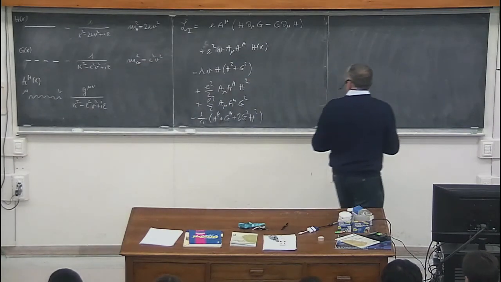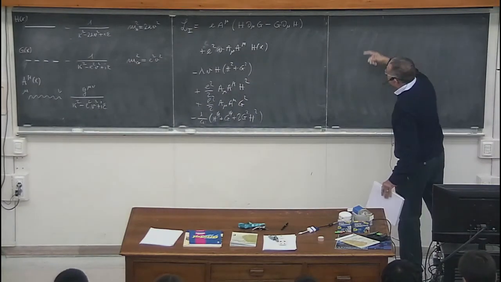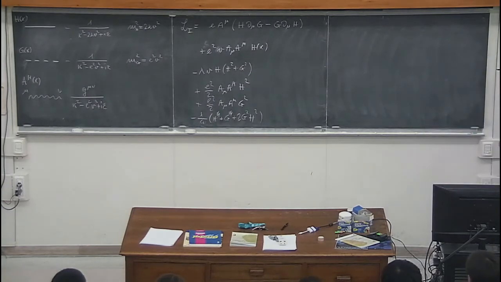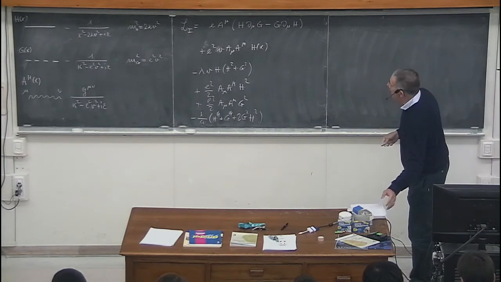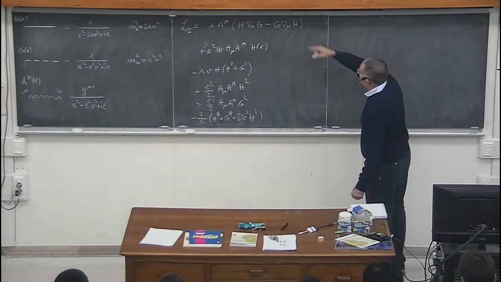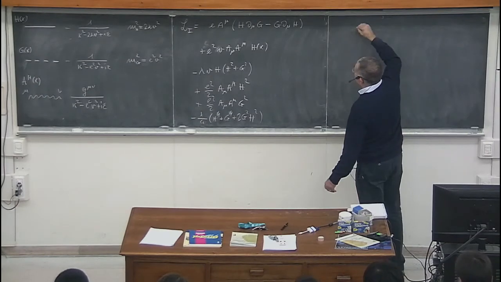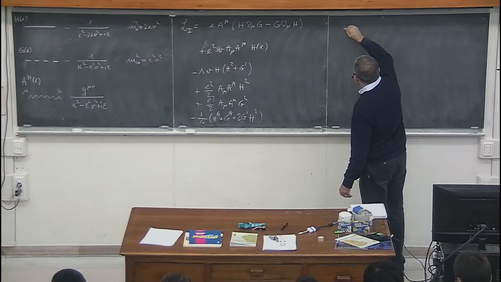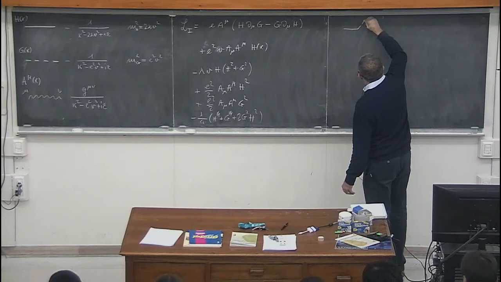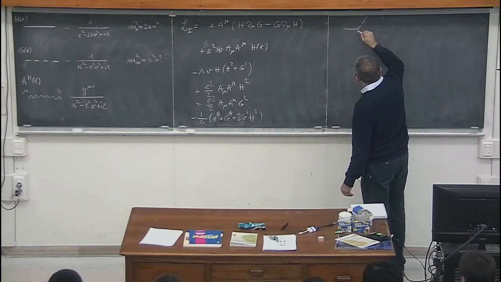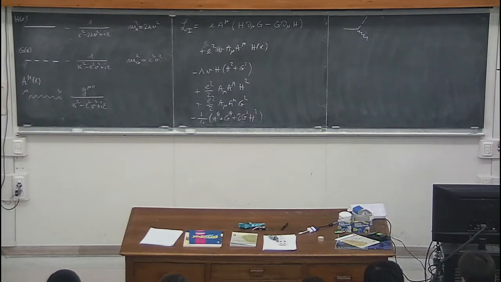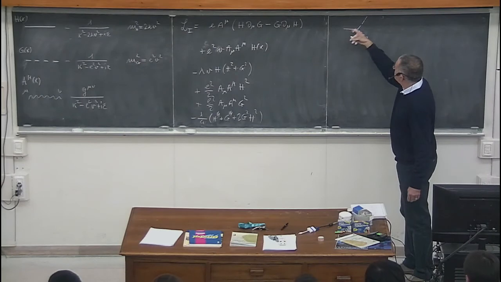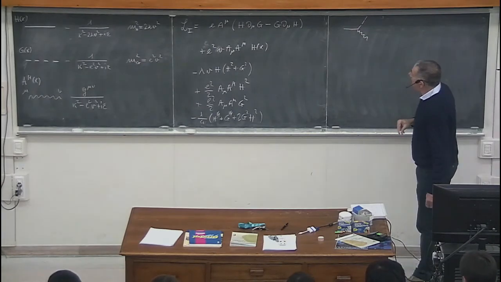I wrote them in a column because I want to write here the corresponding Feynman rules, which will be useful for what I want to do next. And the Feynman rules are derived as usual. For example, this first term gives rise to an interaction term which I represent like this, a trilinear vertex with a Higgs line, a Goldstone line, and a vector line.